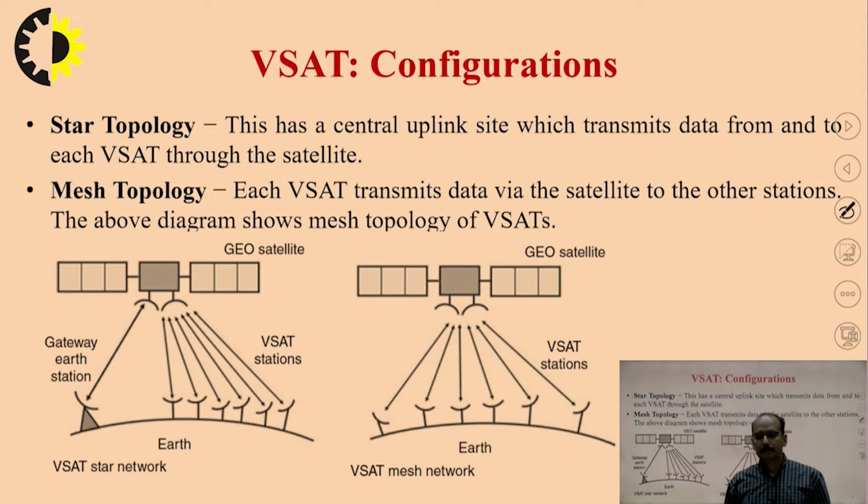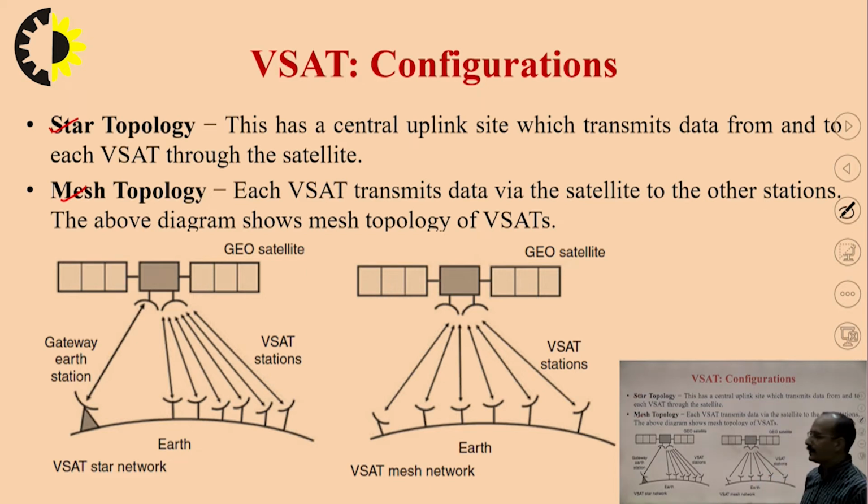The point now is how we are going to configure this VSAT. VSAT can be configured in two topologies, or a third one, the hybrid, which is a combination of both the star topology and the mesh topology.